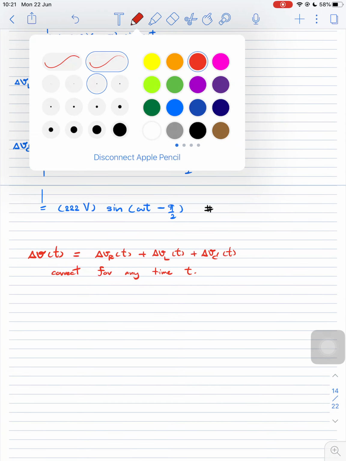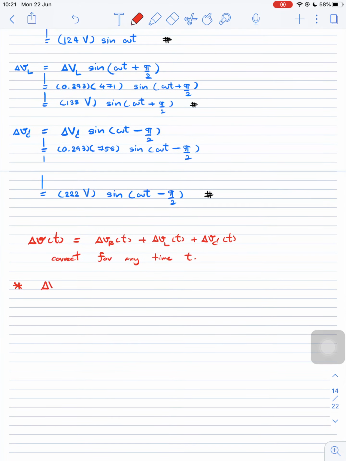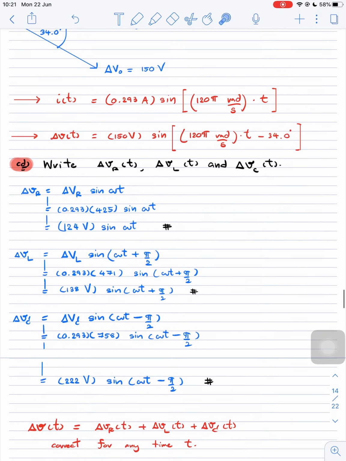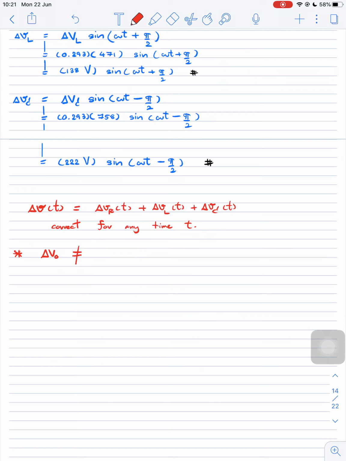But just keep in mind one more thing. Delta V naught, which is the maximum amplitude of delta V, is not equal to delta VR plus delta VL plus delta VC. You cannot sum up the amplitude of each of them together, because delta VR, delta VL, delta VC, and the current all have phases, and the phases are different, so you cannot sum them.